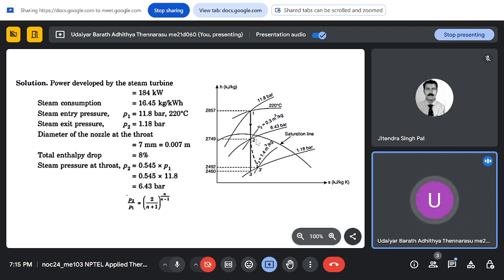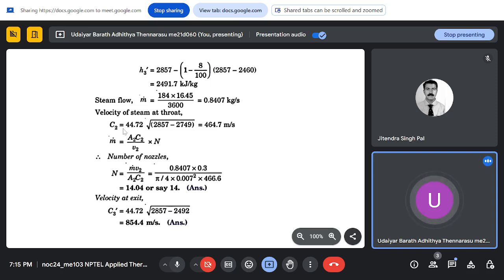At state 2, we know the entropy, which is the same as state 1, and we know the pressure across the throat is 6.43 bar. Using that we can estimate the enthalpy there as 2749 and the specific volume as 0.3 meter cube per kg.